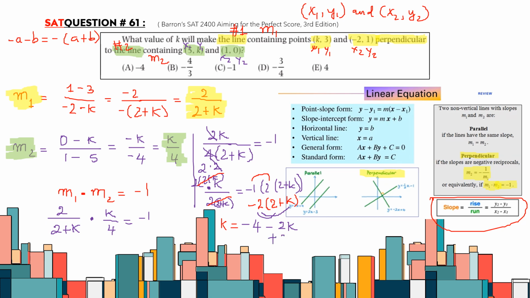If we add 2k to both sides, this one is gone. We have 3k on the left-hand side equal to -4. Then we divide both sides by 3. So k is equal to -4 over 3. -4 over 3, B is the right answer.